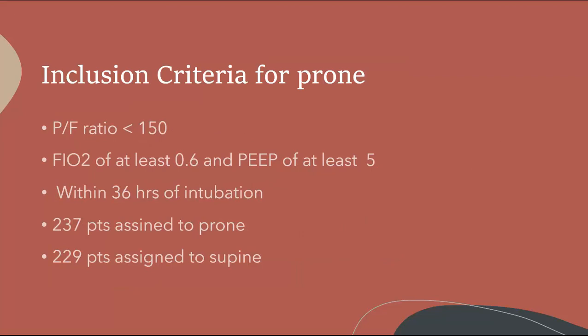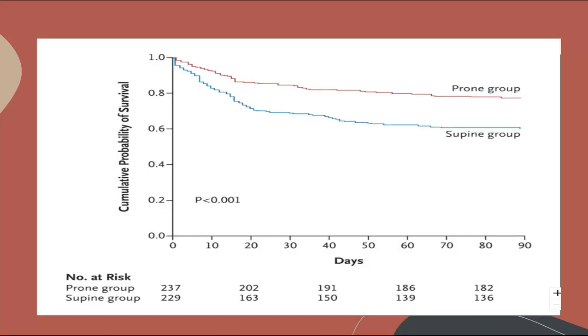This is the inclusion criteria for proning. I know this is just a lecture, not a journal club, but I think you have to know the criteria from the study, so you know which patients need to be prone and when you have to prone them. They used a PF ratio less than 150, FiO2 at least 0.6 and PEEP of at least 5. The patients included were 36 hours post-intubation. 237 were assigned to prone and 229 were in supine as the control group.